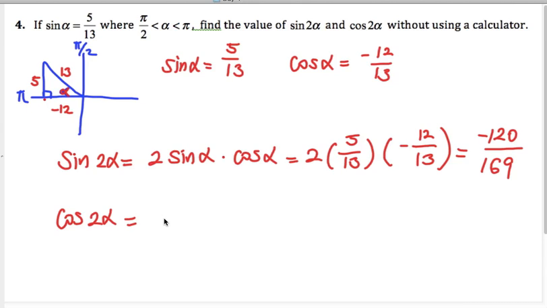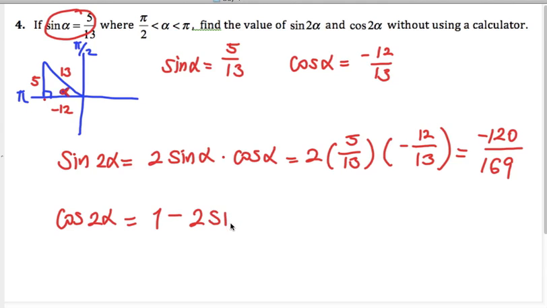For cosine of 2 alpha, you can use whatever value you want, but remember that sine of alpha was given to us, but not the cosine of alpha we found. So just in case we made a mistake, we should probably only work with the value that was given in the question. That's just what I think. If you're confident, you can do whatever you want.